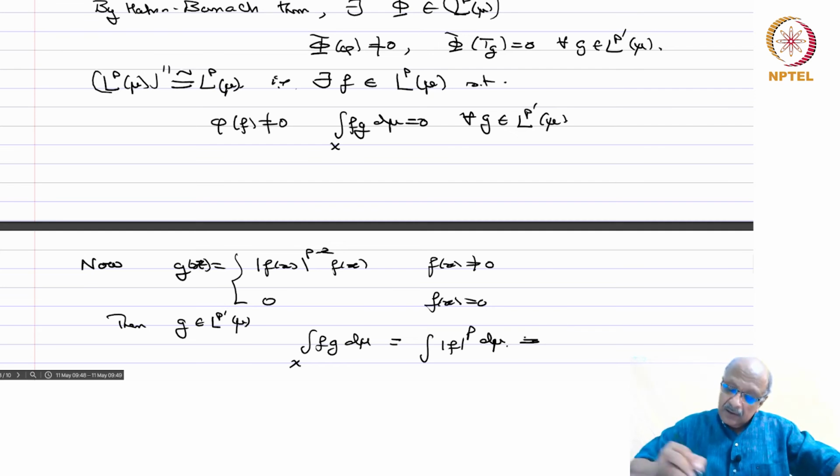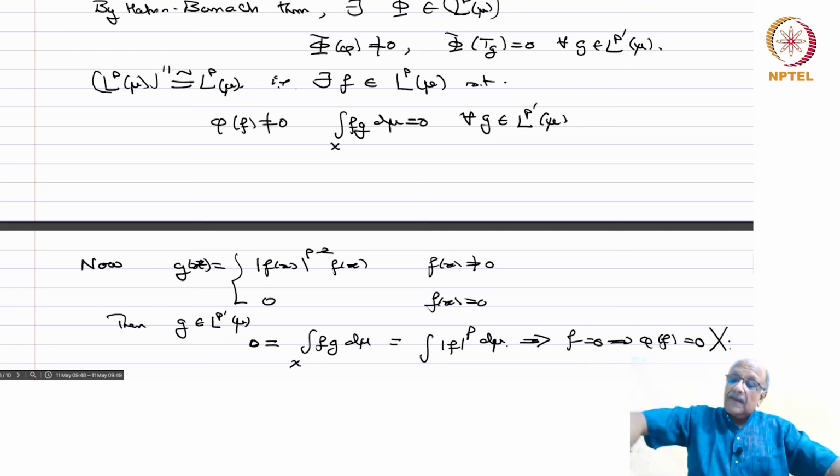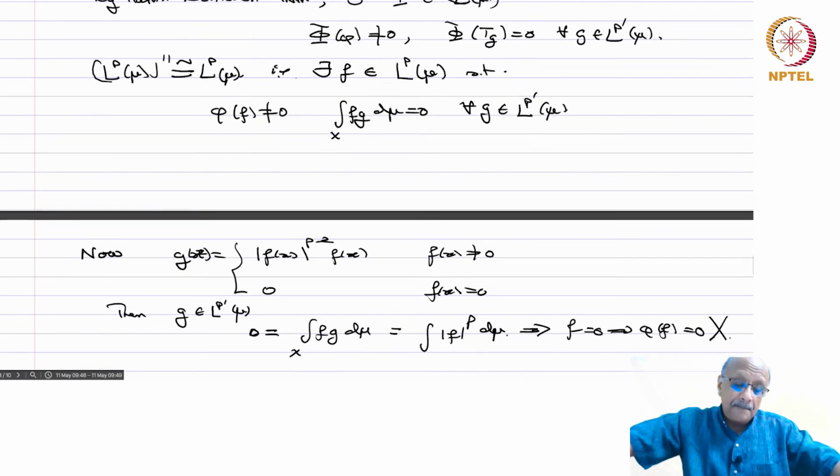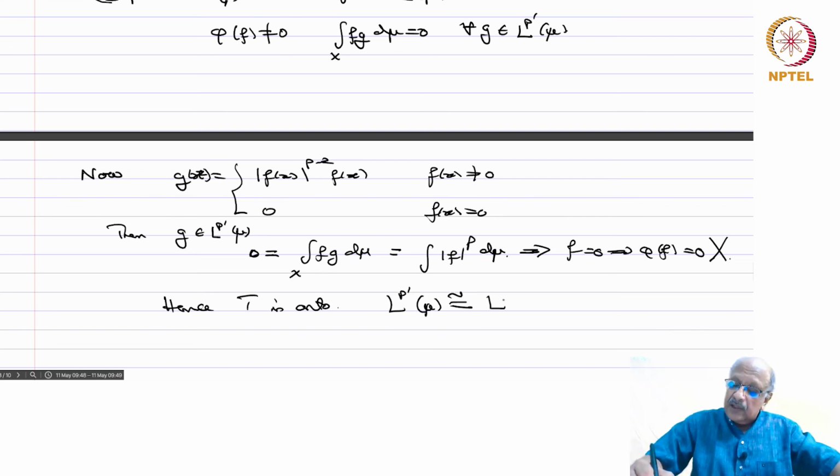But this is equal to 0. This implies that f equals 0, which implies φ(f) is 0, which is a contradiction.